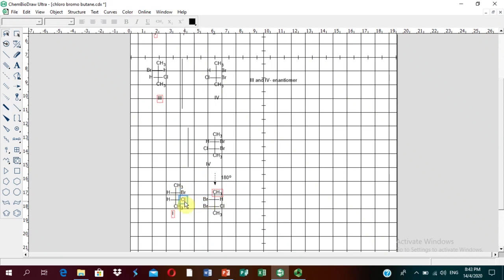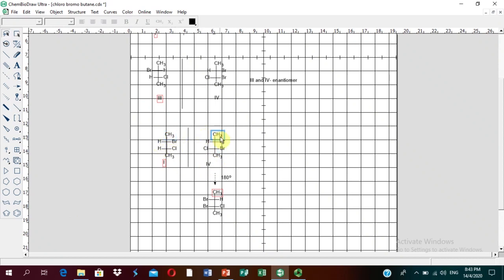But the third, the chlorine atom, this is object, is not the same. This is Br. Okay. So there is no need for us to rotate, because we didn't get the same. Didn't get the enantiomer. So just leave it.